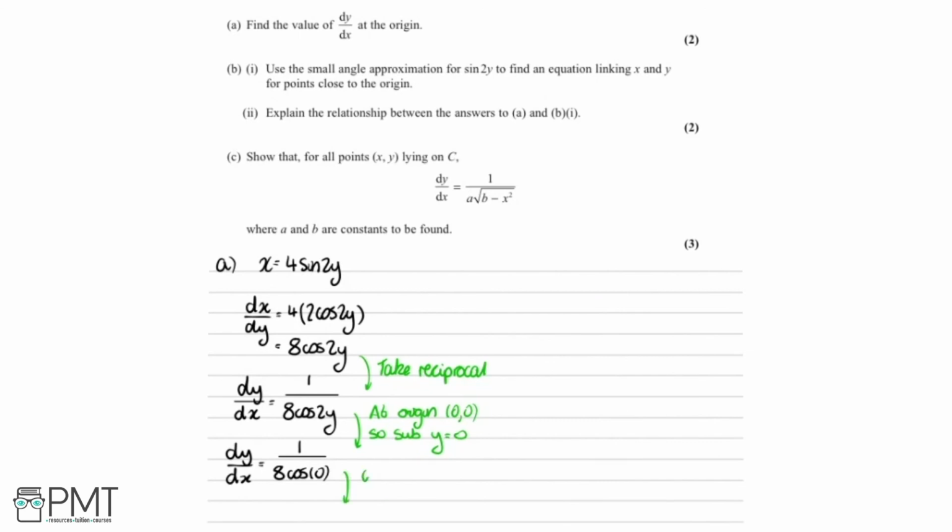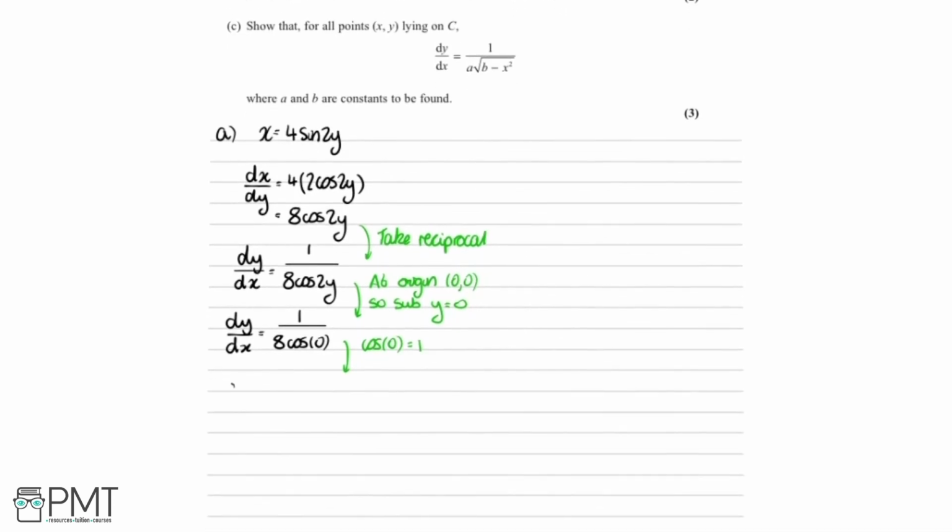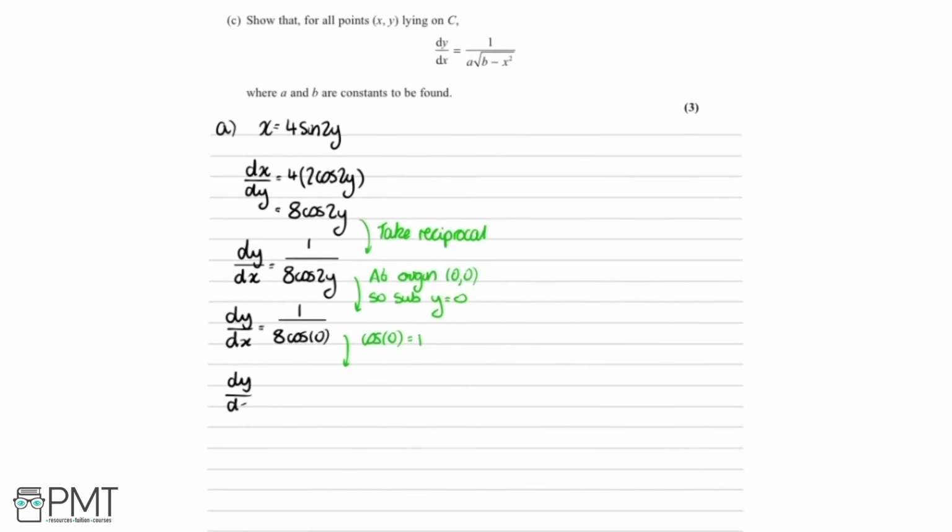Putting that in the calculator, we find that cos of 0 equals 1. Therefore, the value of dy by dx at the origin equals 1 over 8.